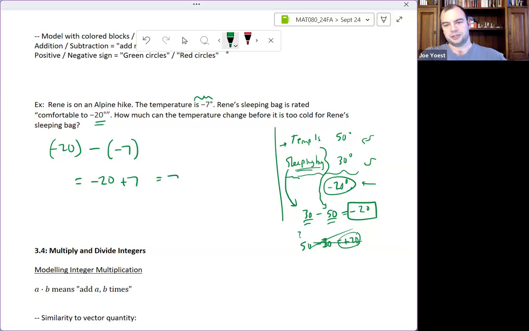I could also make this 7 minus 20, but I see that I'm now thinking of adding two integers together. The integer that is bigger in size, the largest in absolute value, is the negative 20. So my answer is going to have a negative sign, and it's going to have size 20 minus 7.